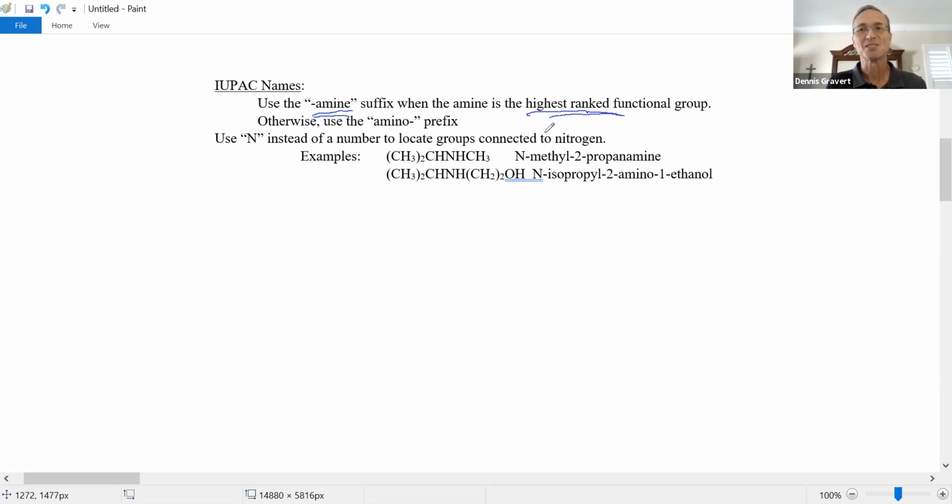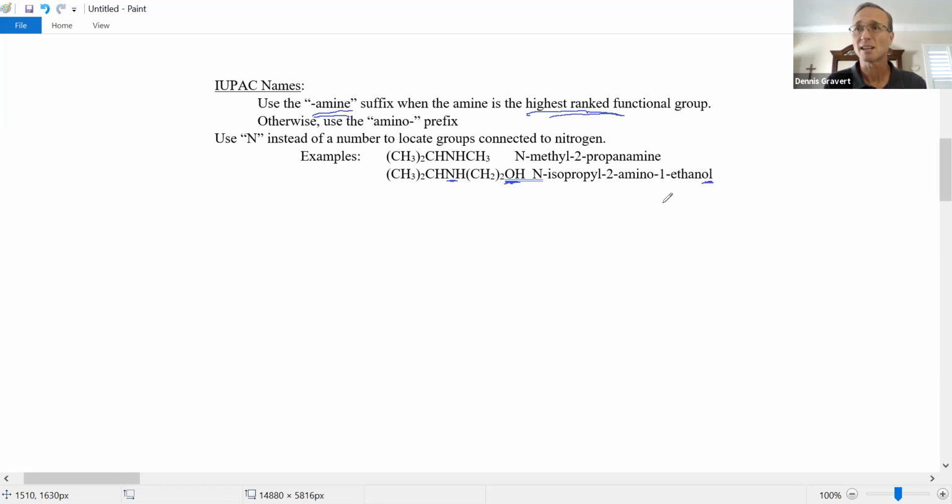So you'll just have to remember that nitrogen is higher than alkanes, alkenes, alkynes. It's more important than carbon, I guess, in terms of ranking the functional groups. But it's just under oxygen. So if you have an oxygen and a nitrogen in a molecule, the alcohol wins, the oxygen wins.